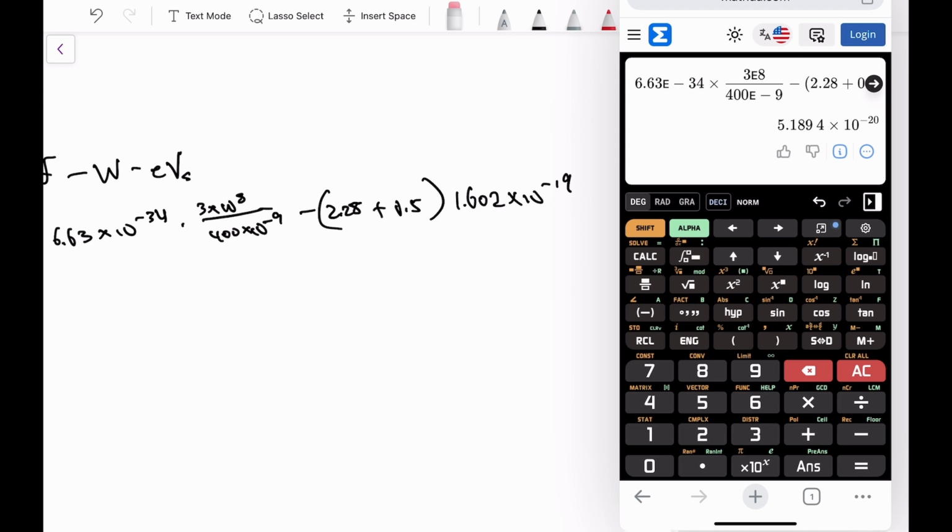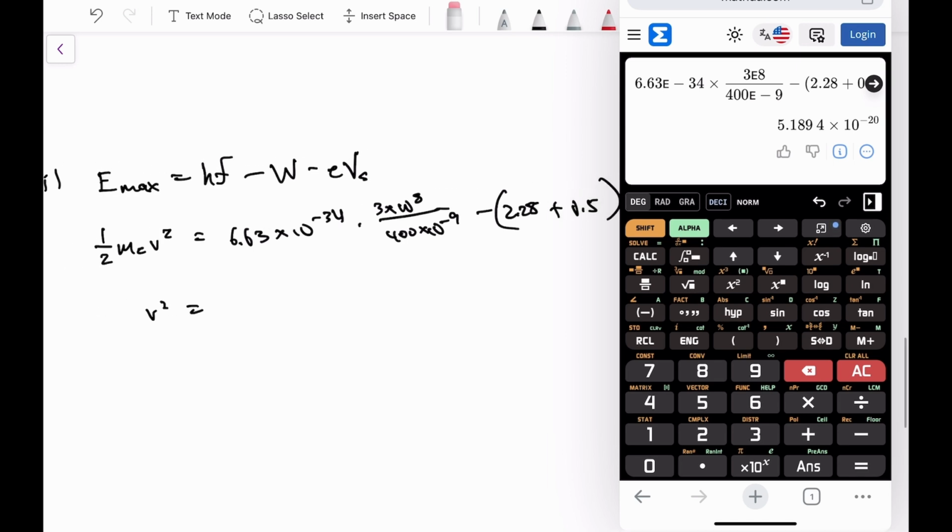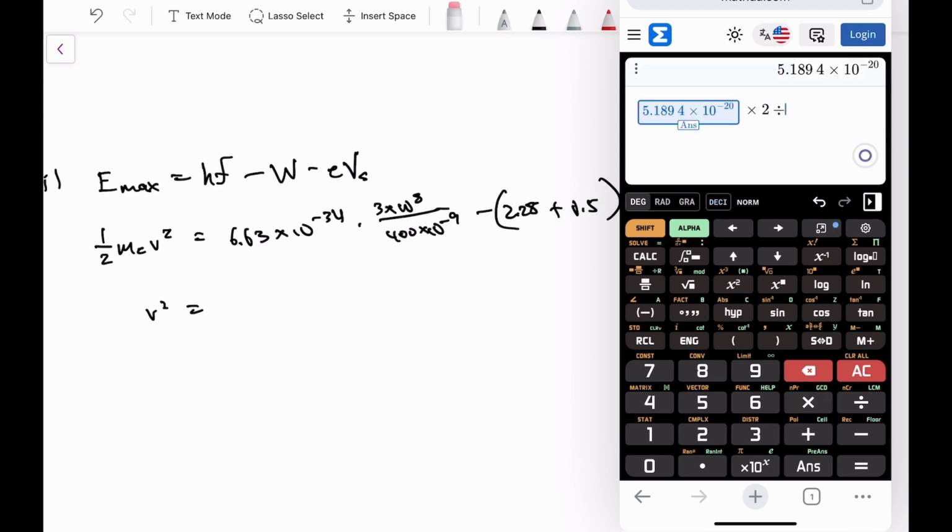And this is what we get. And then what we do is times this by 2 and divide it by the mass of an electron, which is minus 31. Okay, and this is what we get over here.